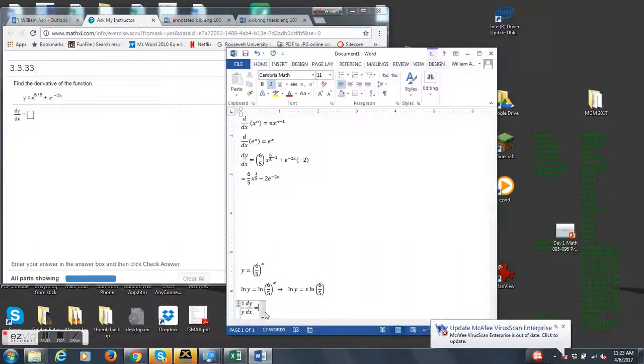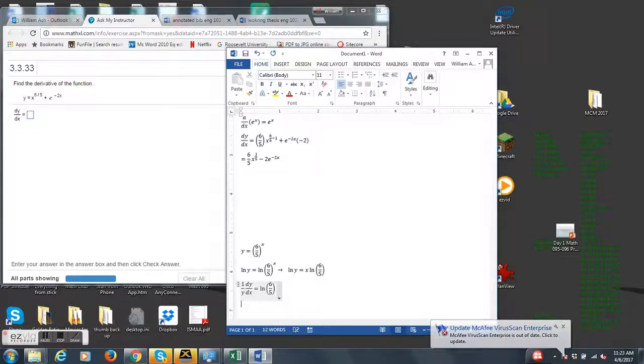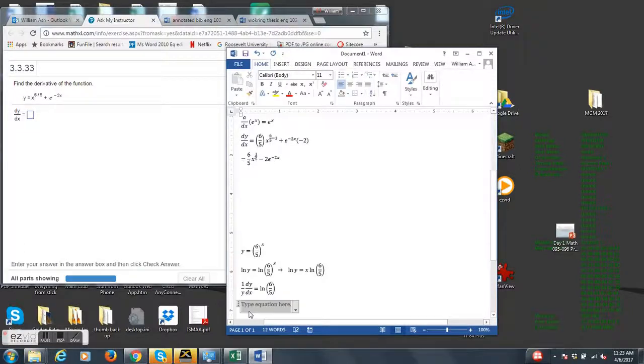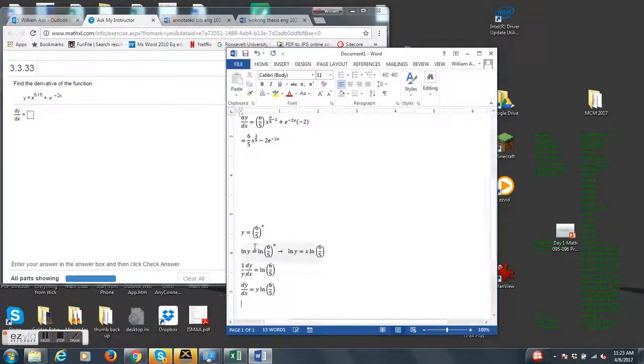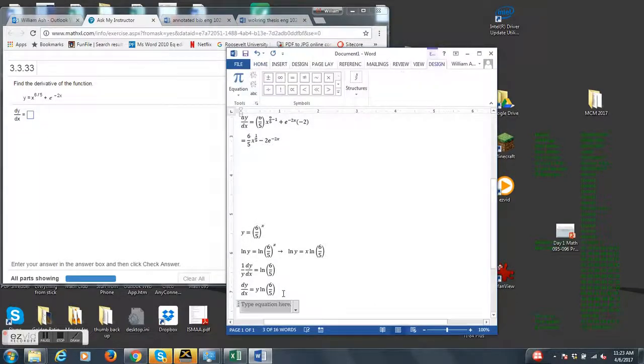Now I just got to bring my y over here, and I get dy/dx equals y ln 6/5. And y is that guy right there, and I'll just put the ln 6/5 right here.